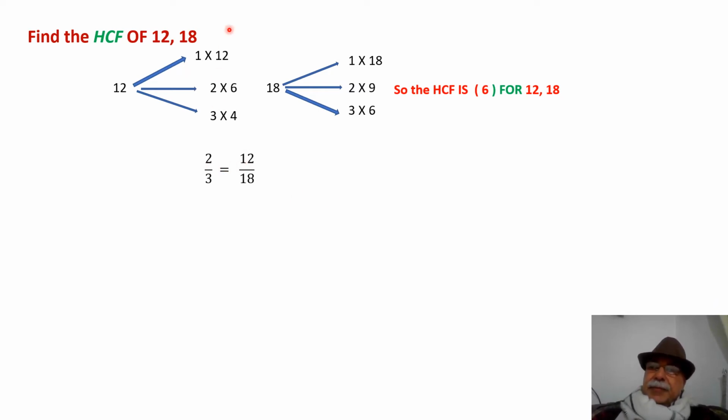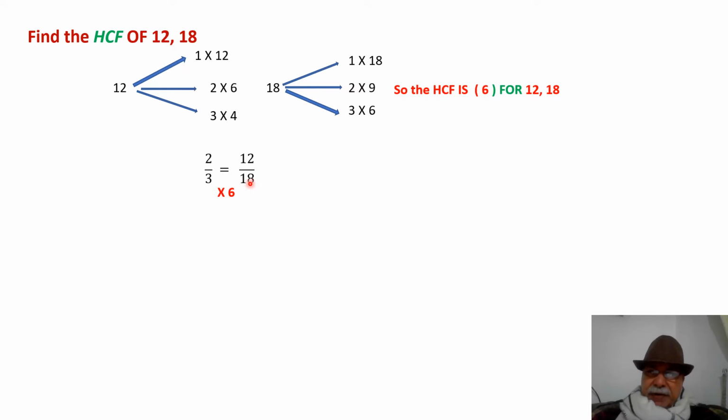So I have this fraction: something over something equals 12 over 18. I multiply 3 by 6 to get 18, in order to know where this 18 is coming from.